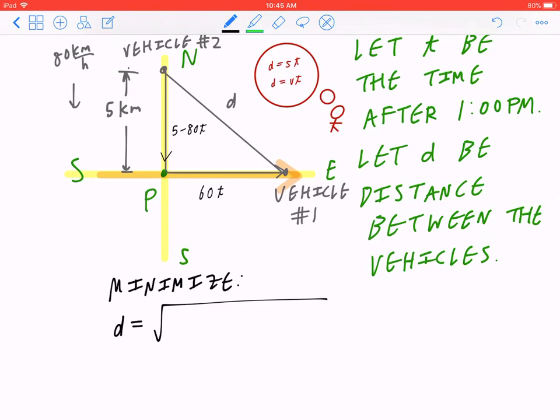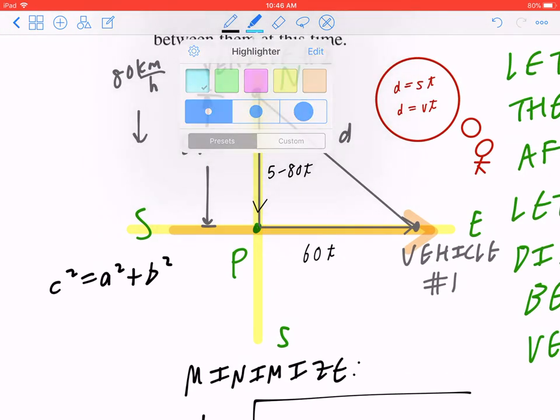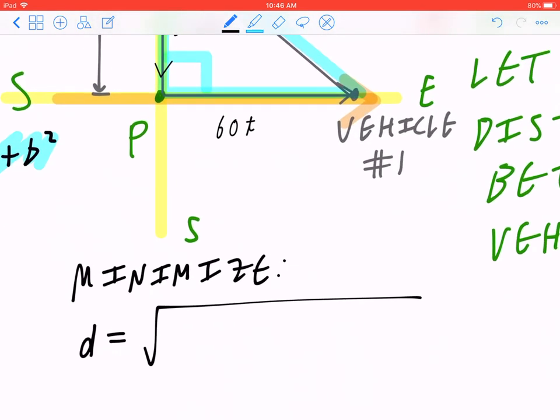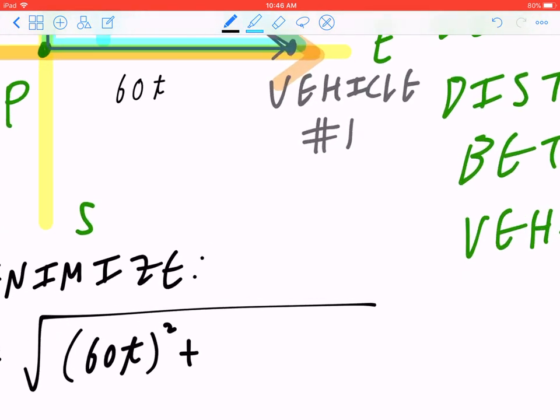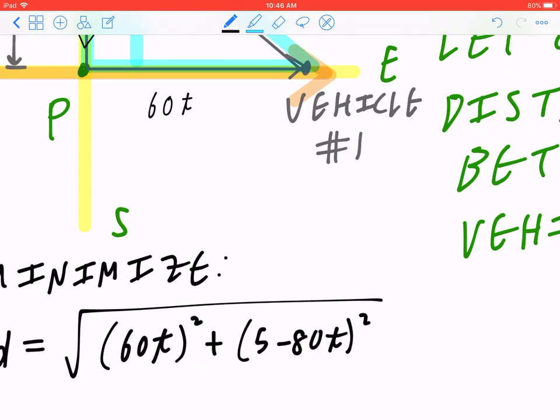And of course, if you focus on this, you have to think c squared equals a squared plus b squared, because this is a right angle triangle, and when you isolate for d, that's going to be the square root of (60t) squared plus (5 minus 80t) squared.